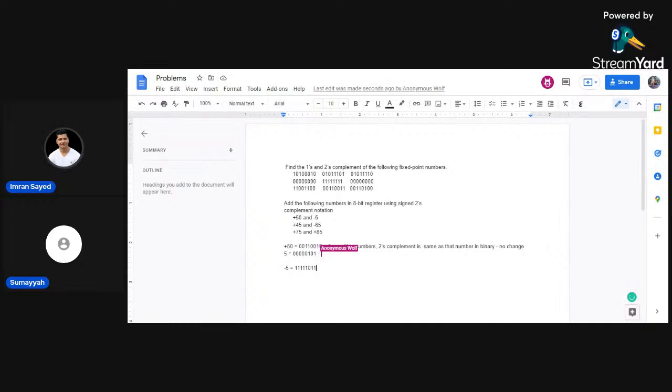For negative numbers, can I put negative here or no? No, I'll put positive 5. For a negative number, first get the binary conversion for its positive number, then add 1 at the start to convert it to negative.